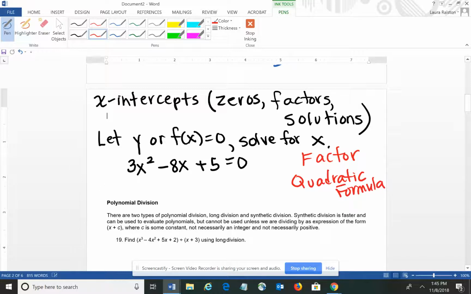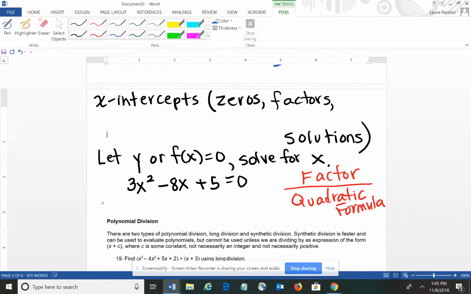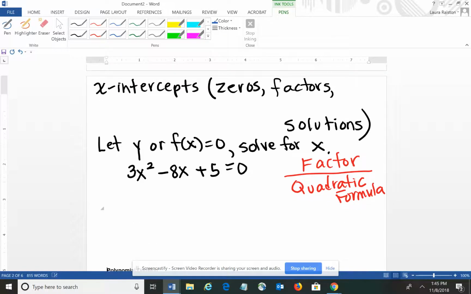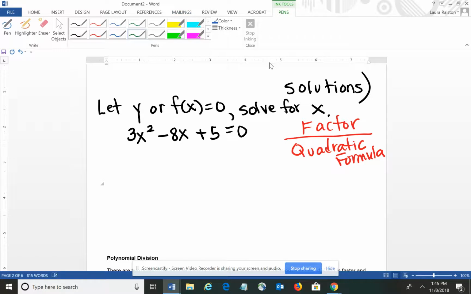Now, me personally, I just assume factor if the problem factors. If it doesn't, then I'm going to resort to quadratic formula. A lot of students will actually just go straight to the quadratic formula because they don't want to try to do factoring. So it's kind of up to you which method you use. I believe that this one will factor.